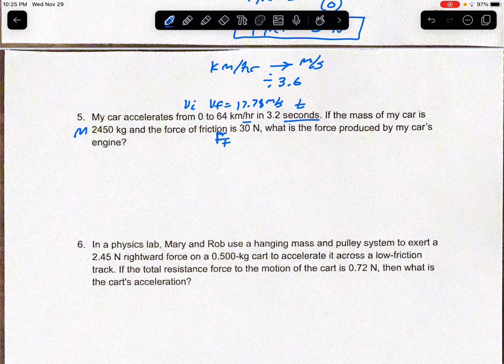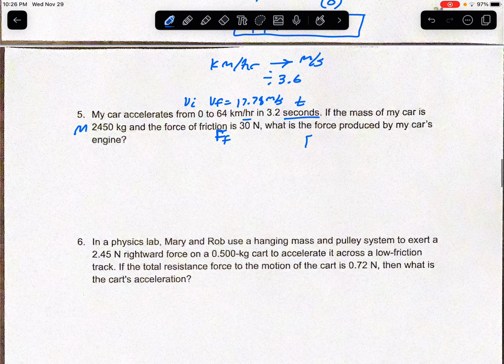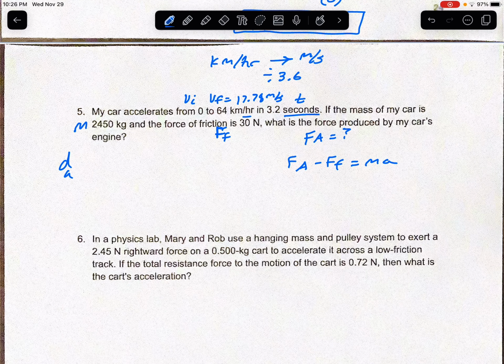What force is produced by my car's engine? Well, if you're given FF, that means the only other force you're looking for is FA. So we know we've got to do FA minus FF equals mass times acceleration. We have FF, we have mass, but we don't have A. So we're going to do Daffy T to help us find that A. A is your question mark.